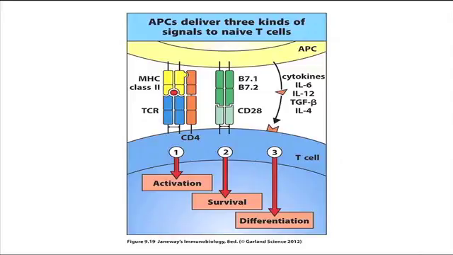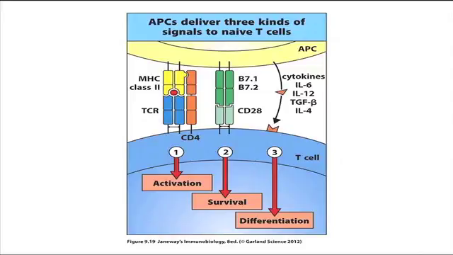That second signal is given by what are called co-stimulators on the APC, and co-stimulators are represented here by molecules called B7-1 and B7-2, which were the first discovered co-stimulators, and they bind to a molecule called CD28 on the T cells.